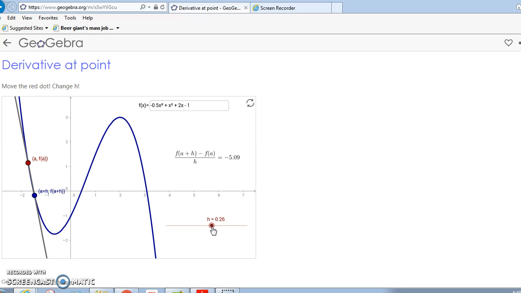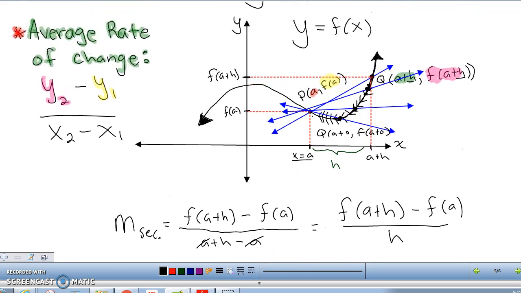As h gets closer and closer and closer to 0, it'll eventually become the tangent line. Okay, one more time. That's what I'm trying to explain here. Except I don't have all those animations, but that's exactly what I'm trying to explain here.